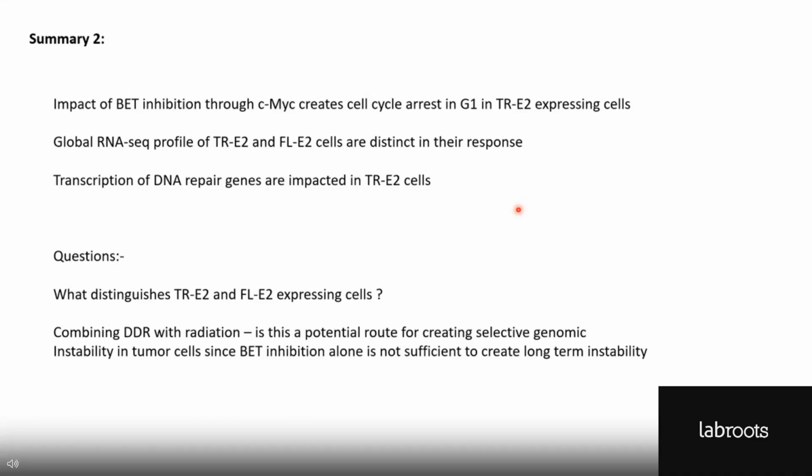So we are trying to identify whether combining this with radiation is a potential route for creating genomic instability, because obviously BET inhibition is not sufficient to create long-term instability, and you need radiation as a hammer to exacerbate this instability in these genomes.